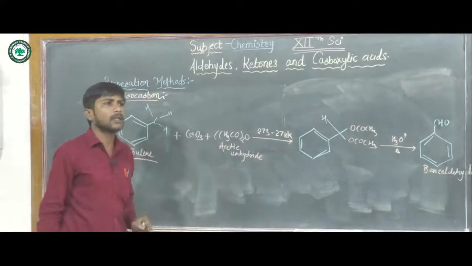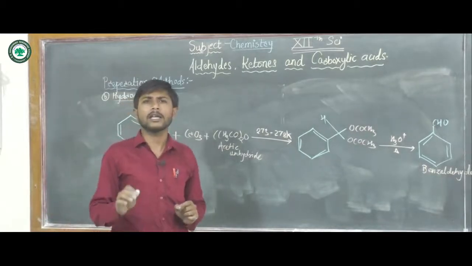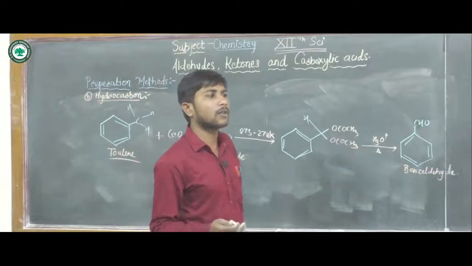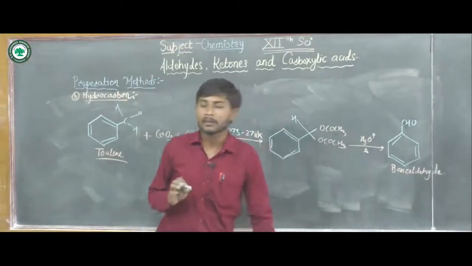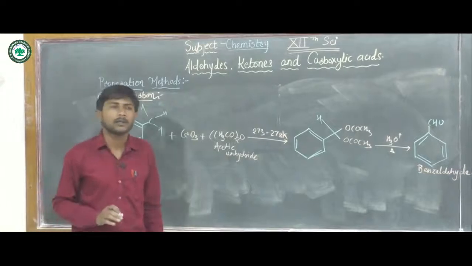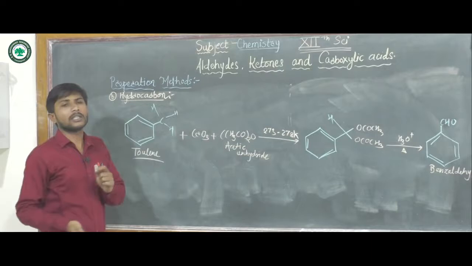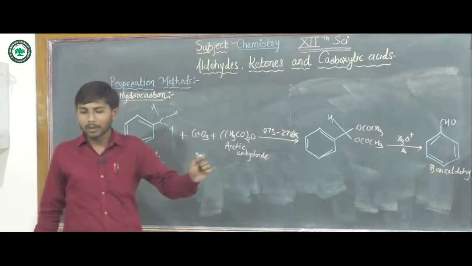Again, in 11th standard you have seen the reactions of alkanes, the reactions of hydrocarbons. There was a reaction, that is chlorination. Now here also we can do side chain chlorination.